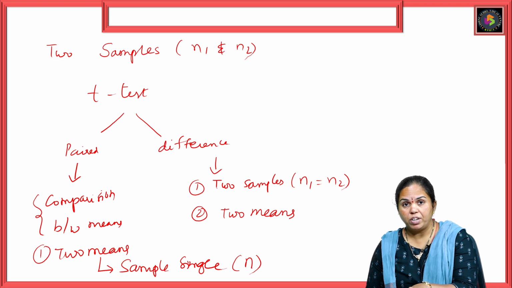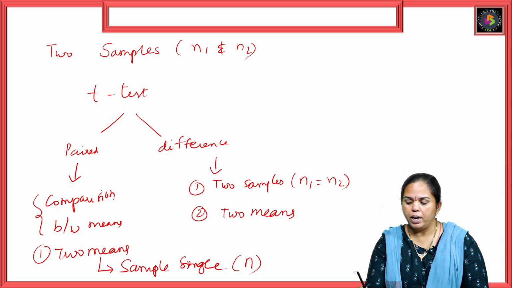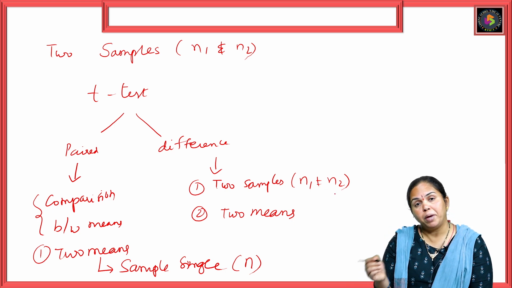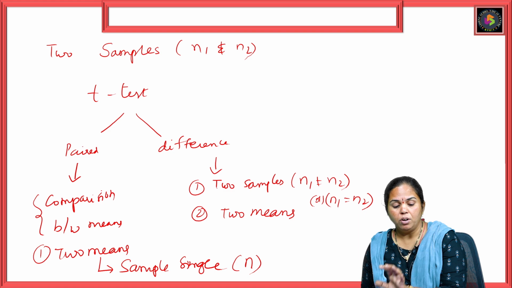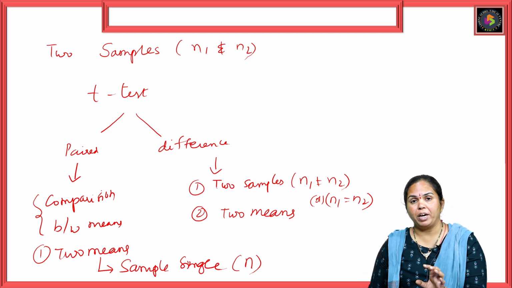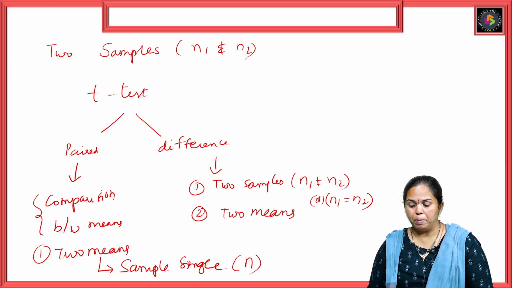So difference of t-test, difference of means, two samples, n1 not equal to n2. Sometimes n1 may be equal to n2. So don't have a confusion here. If n1 equal to n2, I'll use paired t-test. So read the problem carefully once again and then go with which test you have to apply.